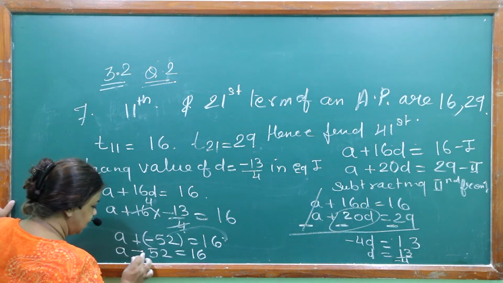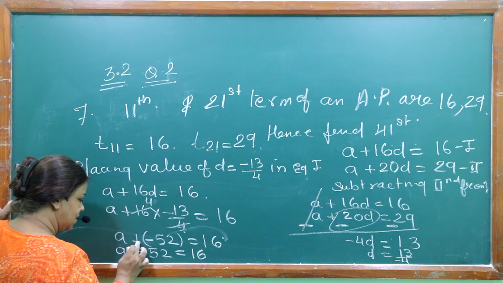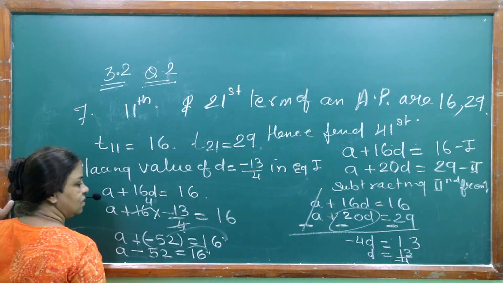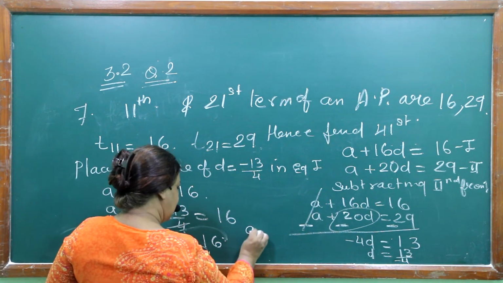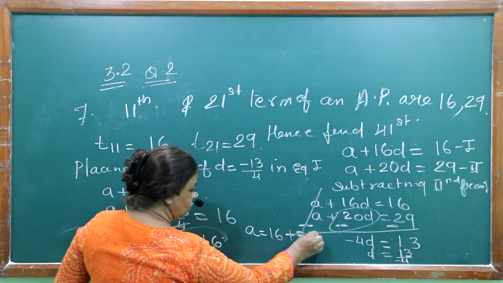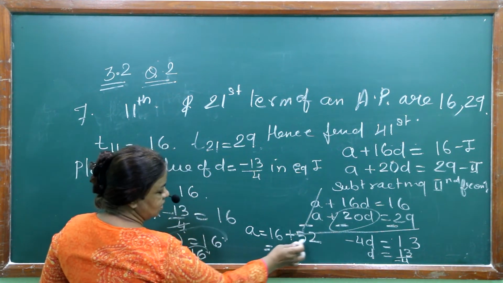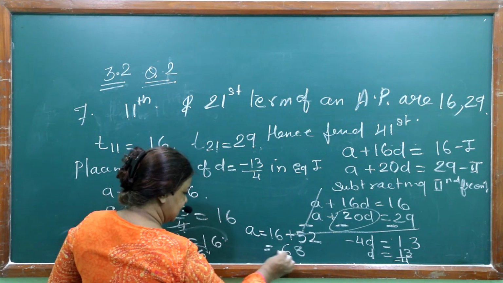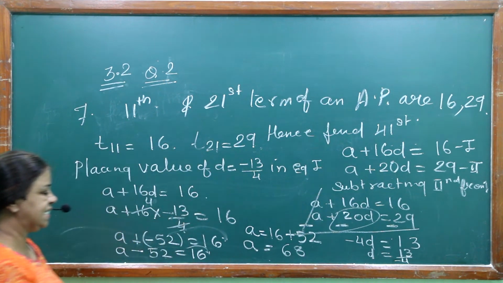Now 52, why it became minus? Because this is minus, this is plus, multiplication minus. 52 will shift here, and it will be A is equal to 16 plus 52, which is 6 plus 2, 8, 5 plus 1, 6. So A is equal to 68.